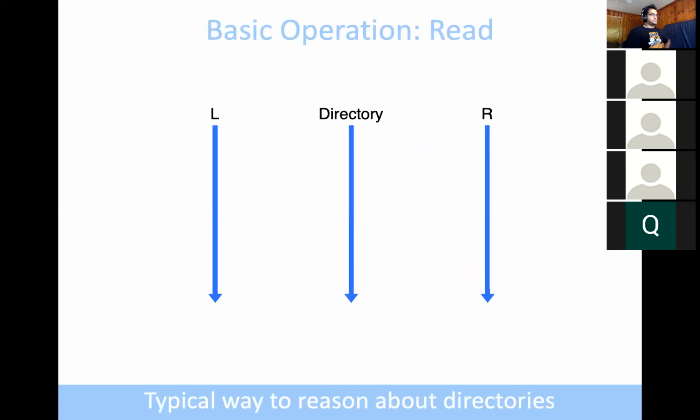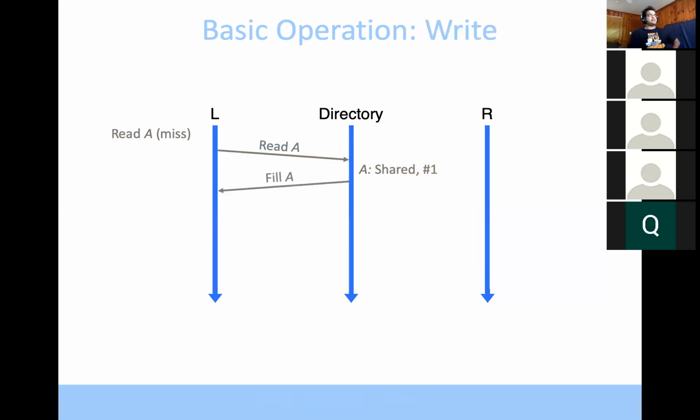So let's say you were trying to do this basic read operation. You try to do read A, it's a miss, you go to the directory. The directory makes a note saying A is shared by, let's say, number 1, and it sends back the data for A. And let's say you're trying to do a write on the right side processor, and you send this read exclusive for line A to the directory.